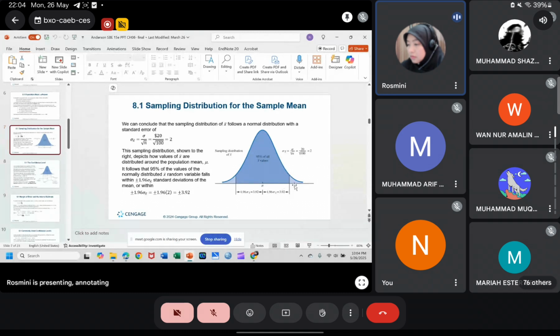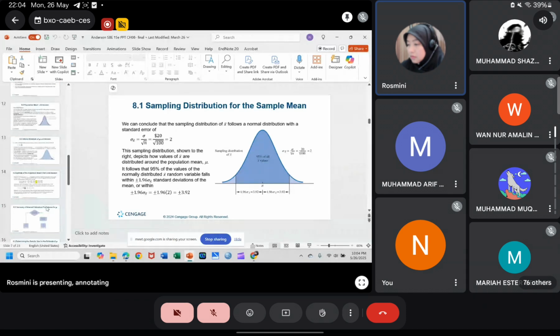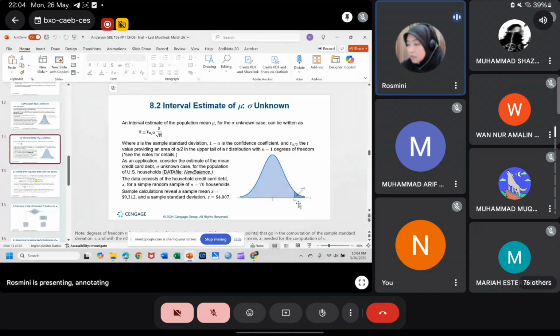So this one and this one add up to 0.05. So if you try to find just half of it, only this part here or this part here, it is 0.05 divided by 2. This part here is 0.05 divided by 2, and this part here 0.05 divided by 2. So in the middle is 95%.